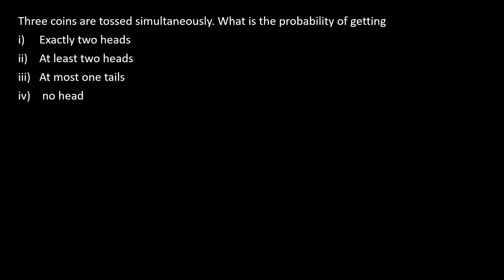Now we are going to solve when three coins are tossed simultaneously. What is the probability of getting exactly two heads, at least two heads, at most one tail, and no head? First, we have to write the outcomes, and there is another way to write them. First, you write for two coins: HH, HT, TH, TT.